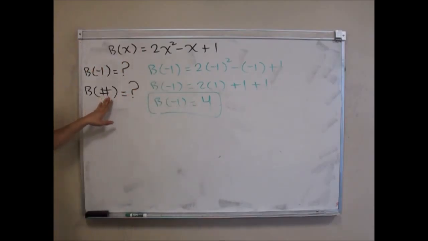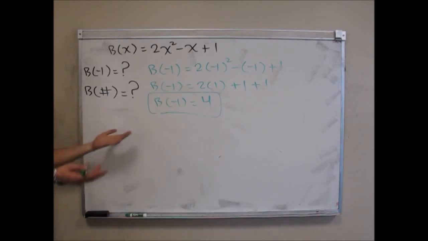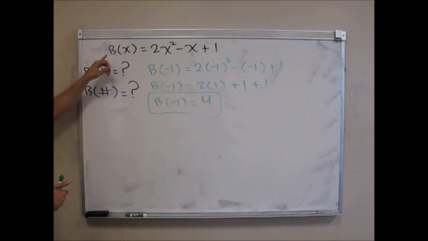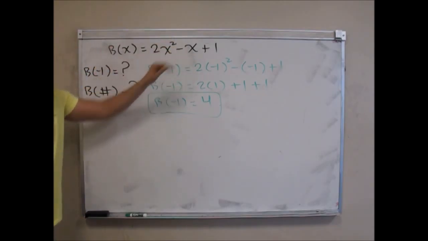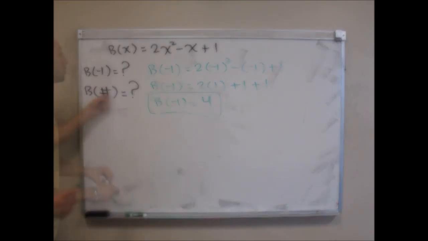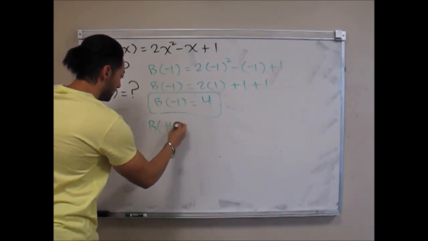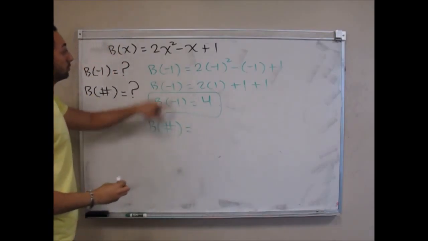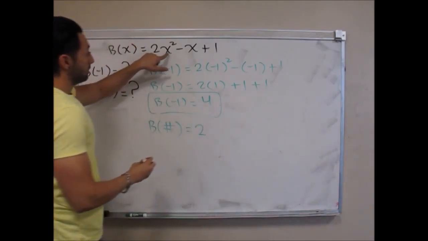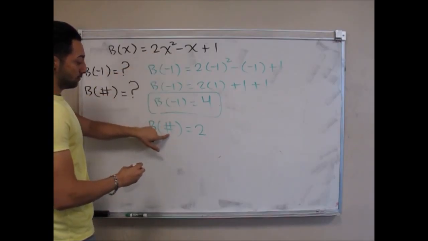So looking at this one now, it looks kind of weird, but if we just stick to what we've been doing, we're just going to replace this x here with the symbol, and everywhere we see an x on the right side of the equation, we're going to replace that with this symbol here. b of the symbol would equal, I'm not going to touch the 2, I'm going to replace this x with that symbol.